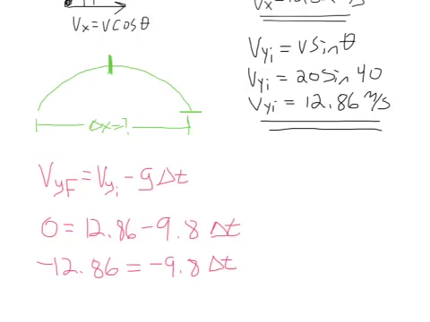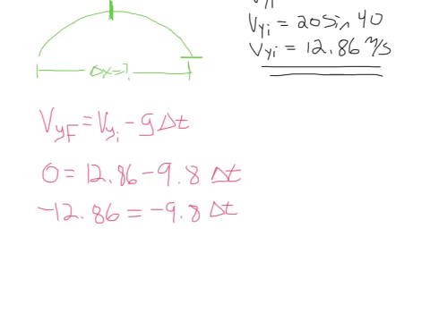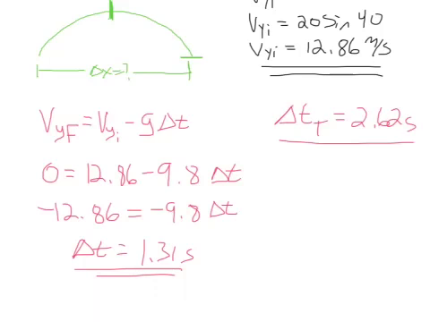When we do that, we find that the time to the highest point is 1.31 seconds. Okay? Well, the time to this highest point will equal the amount of time it takes to come all the way back down, so we double that for the total time of our trip. And we get a total time of 2.62 seconds.